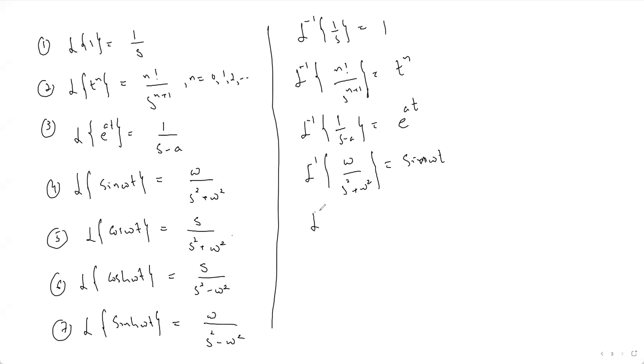And the inverse Laplace transform of s divided by s square plus omega square is equal to cos of omega t, and so on. Similarly for these two things, the inverse Laplace transform. Right? We will find the inverse Laplace transform also.